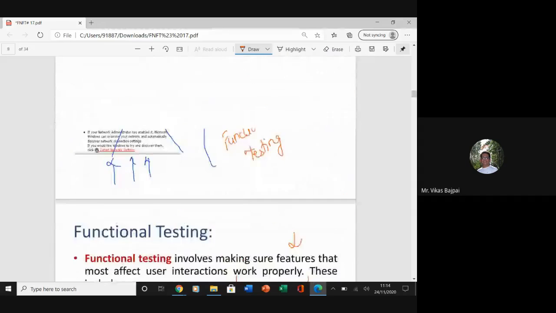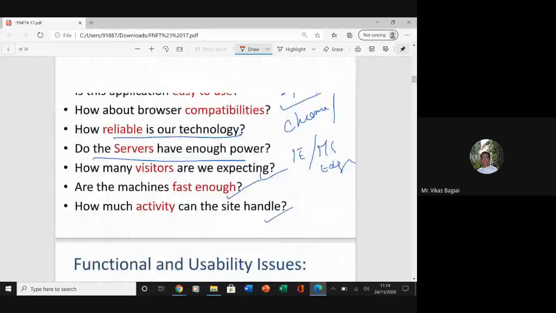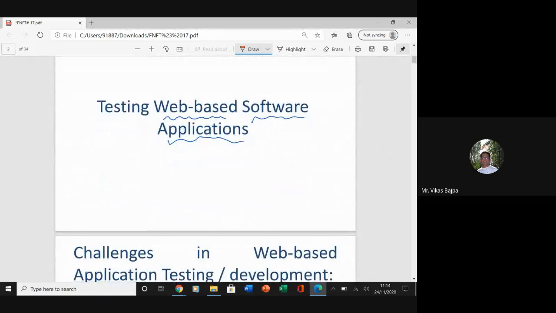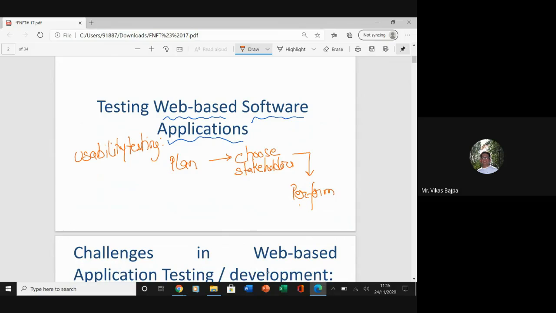So when we talk about usability testing, what we do is plan, and then choose the participants or the stakeholders who will be doing the tests. Then we perform the tests.